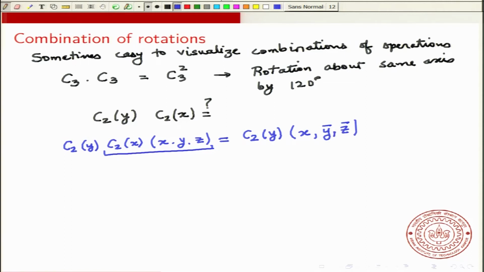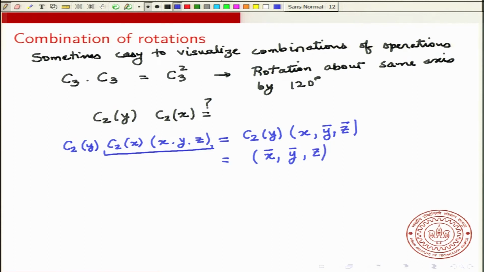Okay. So, again the assumption, C2x is C2 about the x axis and C2y is C2 about the y axis. Now, if I do C2y on this point x, y bar, z bar, it will keep the y coordinate the same and it will change the signs of the x and z coordinate. So, you will get x bar, y, and it will change the sign of z bar, so it will become back to z.